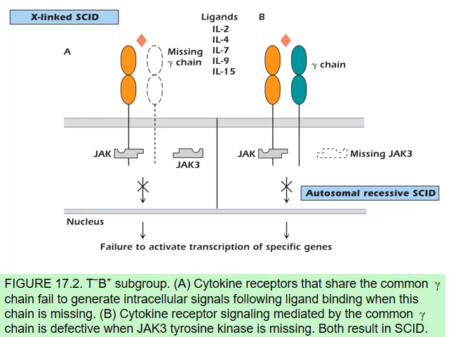These cytokines, like IL-2, IL-4, 7, 9, and 15, need to bind to a particular receptor. Like in this case, there is a gamma chain over here. So the gamma chain has to be there before the cytokine will act and then perform whatever it needs to perform.